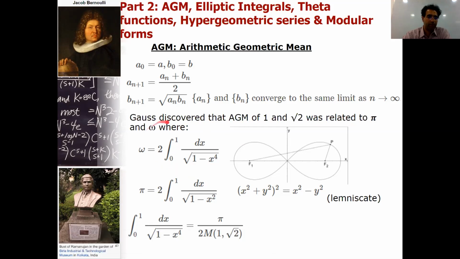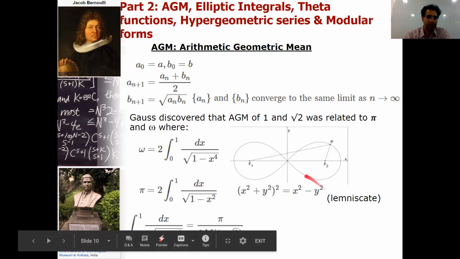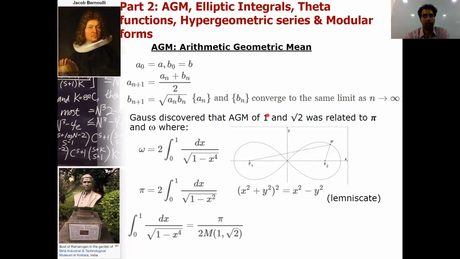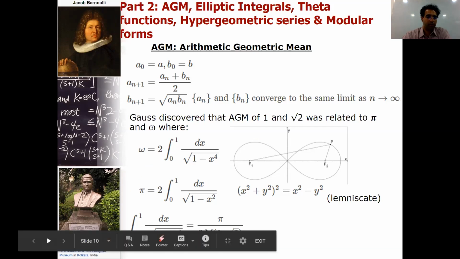This omega comes up in finding the perimeter of this loop, which is called a lemniscate, and it has this equation to define this loop. And we know that pi equals this quantity. So there is now a way you could relate pi and omega to the limit that the sequences a_n and b_n would converge to.